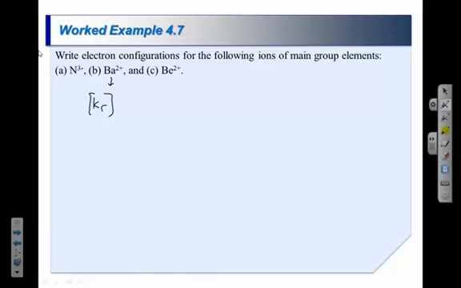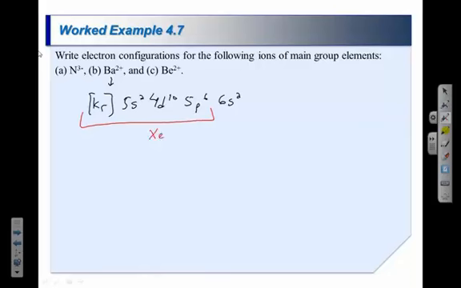After Kr, I've got 5s2. Then I've got 4d10. Then I've got 5p6. And that gets me to xenon. And then I have two more beyond that. And so that's the 6s2. So ultimately I realized this is also a noble gas. So that is xenon.